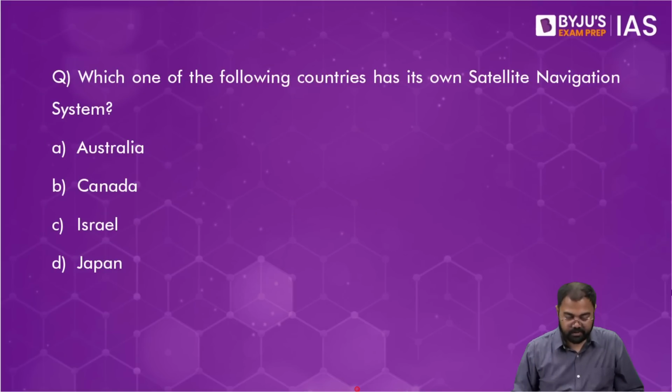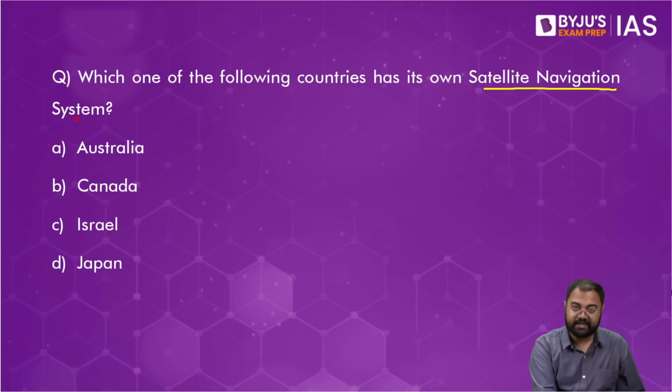And then lastly, this question was asked: which of the following countries has its own satellite navigation system? Australia, Canada, Israel, Japan. The correct answer is Japan. You have the Zenith system that they have.